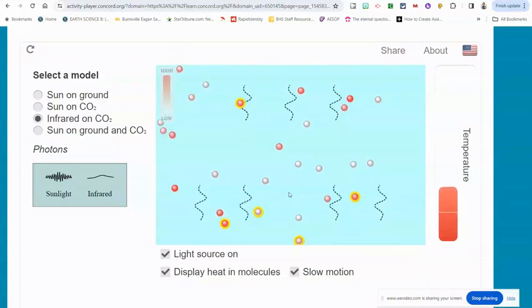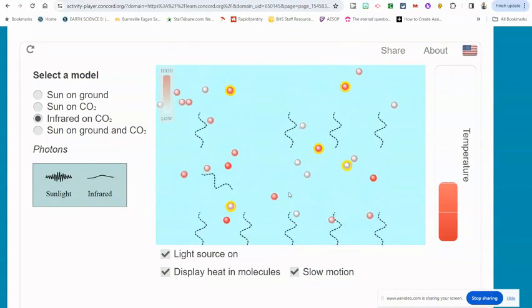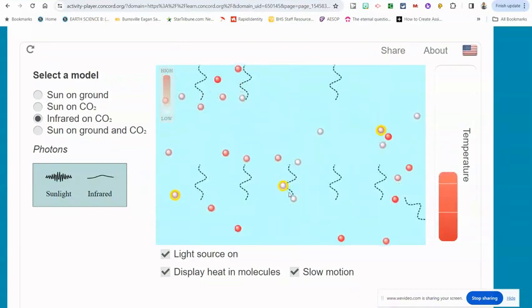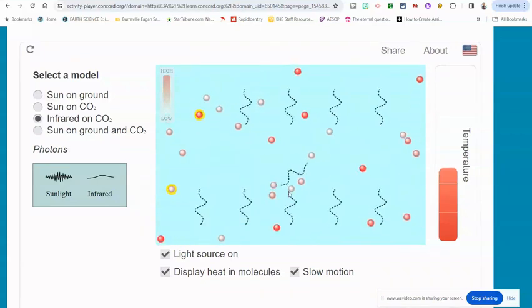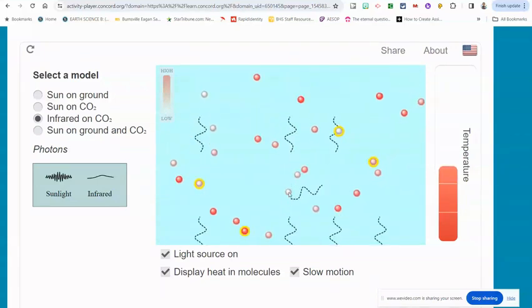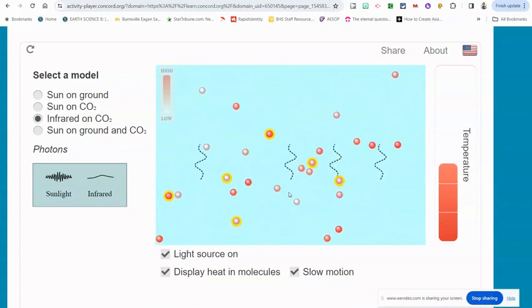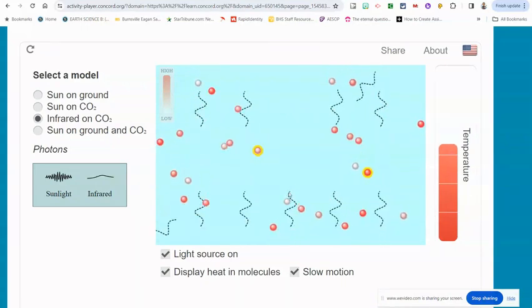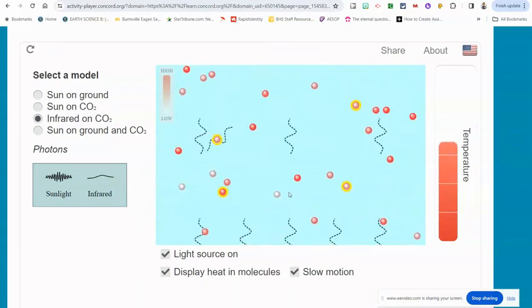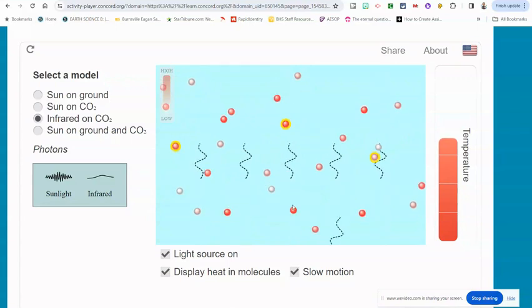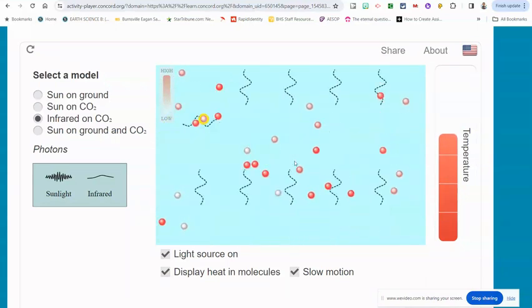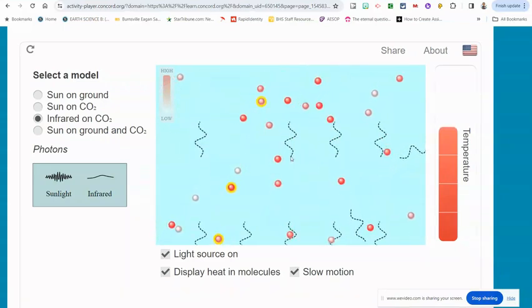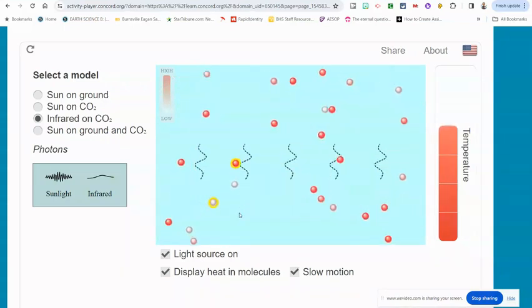So visible light, shorter wavelength light from the sun, doesn't directly heat up the carbon dioxide. So the carbon dioxide does not absorb it, and the carbon dioxide does not block it. But after it hits the ground, the ground will absorb some of it. That then becomes heat, and the heat is re-emitted as infrared energy, which now can be trapped and absorbed and re-emitted by carbon dioxide in the atmosphere.